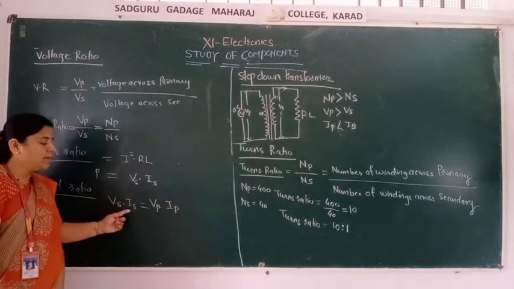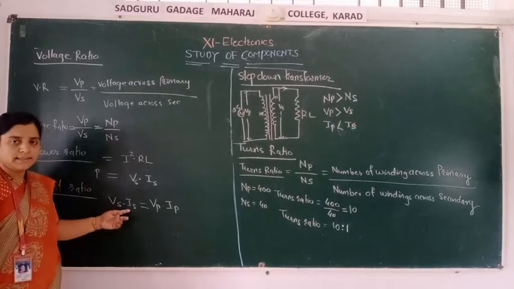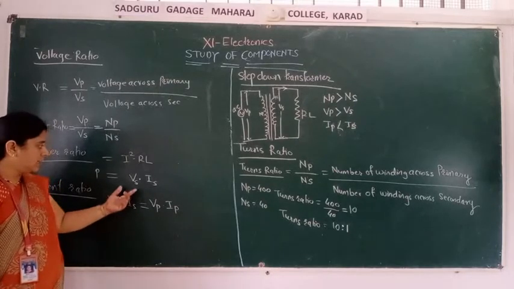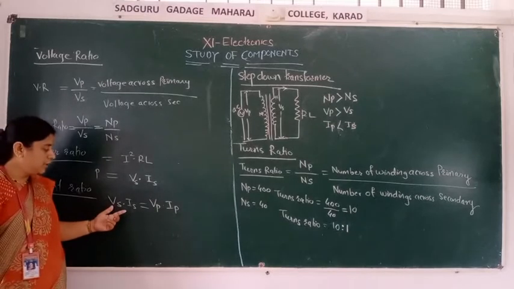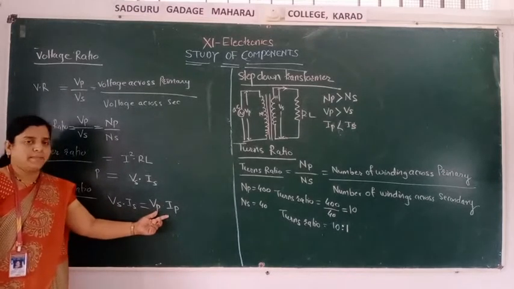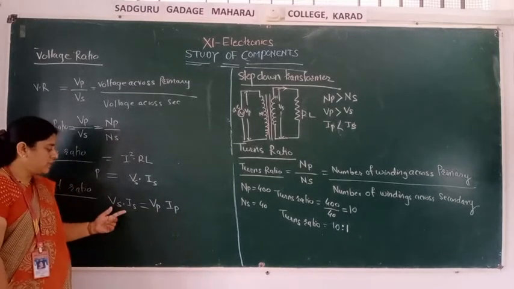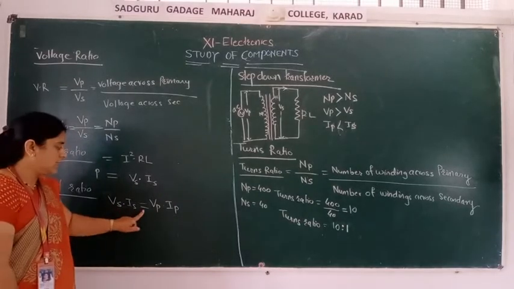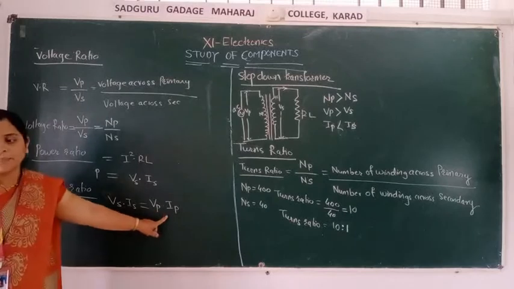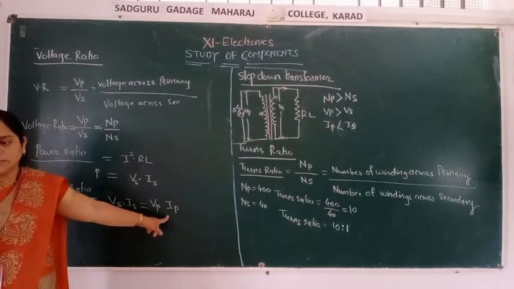V into I is the power, voltage and current, that we have written here. So V into I of the secondary, the voltage across the secondary and current across the secondary, is equal to the voltage across the primary and the current across the primary.